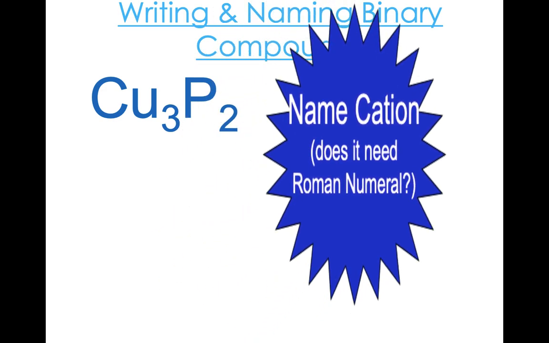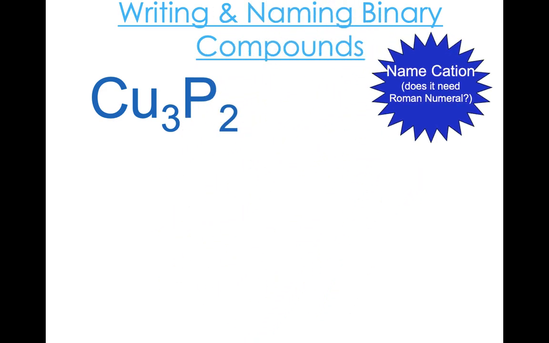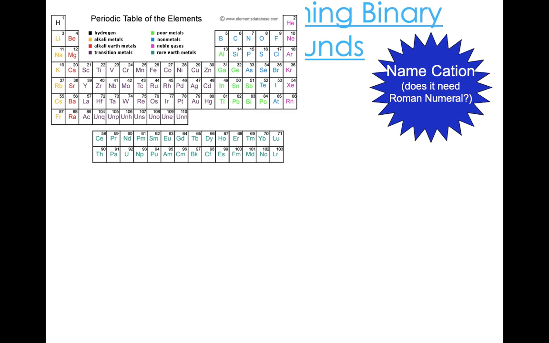So let's look at what we need to do. We're going to name the cation. Find copper. Is copper in our section that needs a Roman numeral? It is. And it's not one of our 3 here, and it's not gallium and indium. So copper will need a Roman numeral, absolutely.